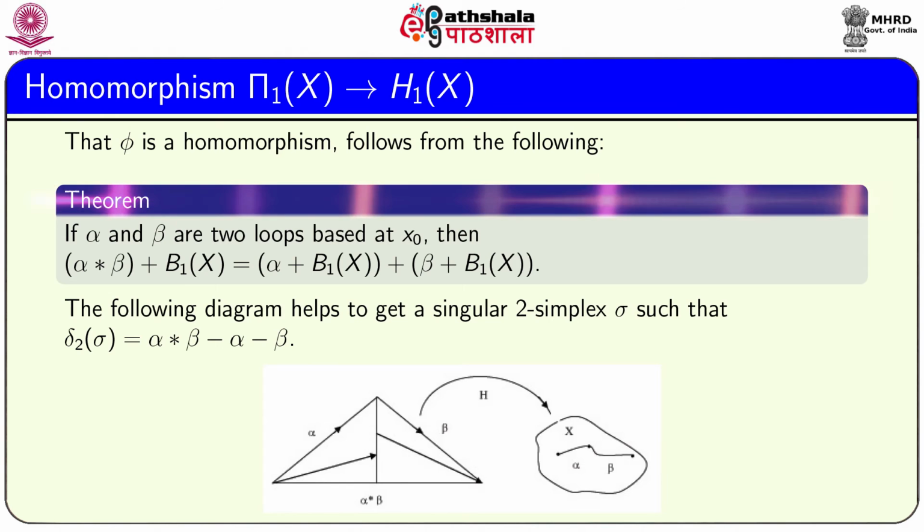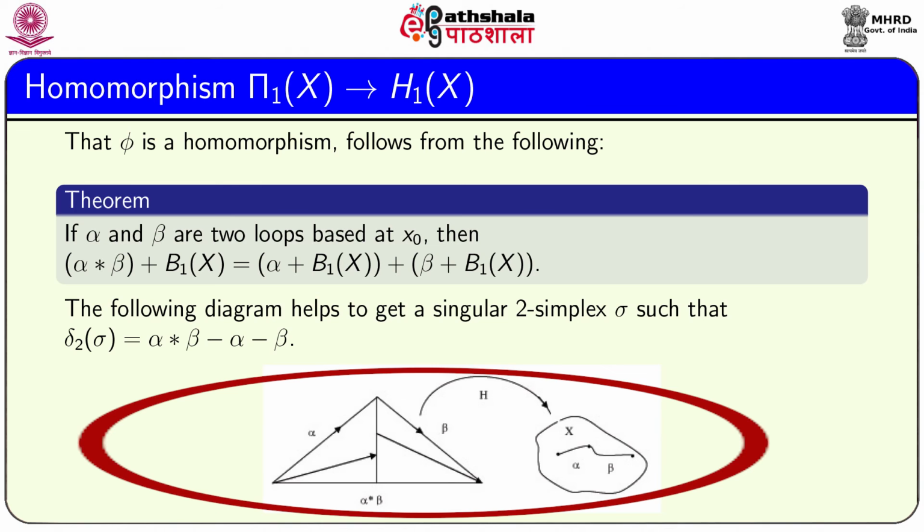That phi is a homomorphism follows easily from the following theorem, that if alpha and beta are two loops based at x0, then the class of alpha star beta plus B1(X) is equal to the class of alpha plus B1(X) plus the class of beta plus B1(X). The proof of this theorem follows straight away if we look at the diagram.